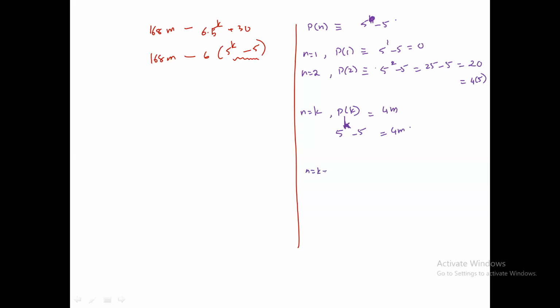For n equal to k plus 1, when I take P of k plus 1, what do I have? 5 power k plus 1 minus 5. I am taking left hand side. 5 power k into 5 power 1 minus 5.